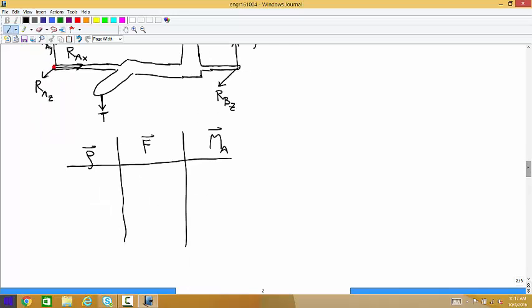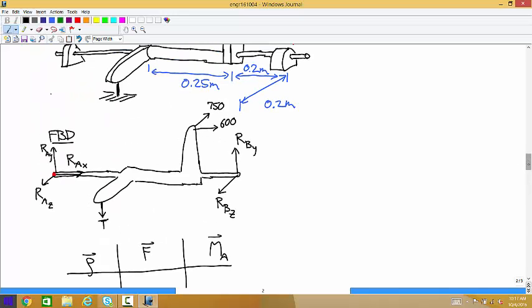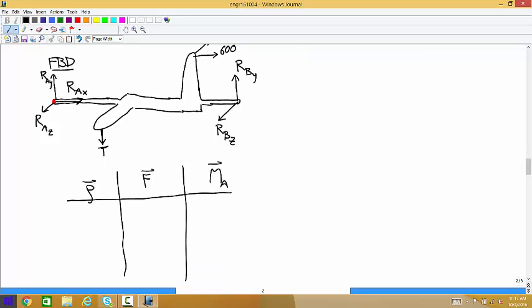Okay, so first, if the coordinate system is at A, what are the coordinates where that force RA is applied? 0. The force vector is RAX, RAY, RAZ. And so the moment is 0.